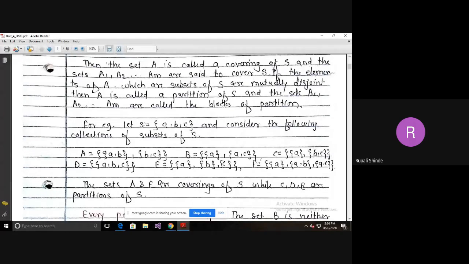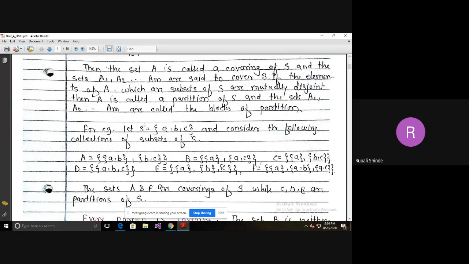Now let us check whether this one is a partition of set S. What we have seen for partition is that the elements of the given set should be mutually disjoint, meaning nothing should be common between them. But if you observe this set, it consists of two subsets.